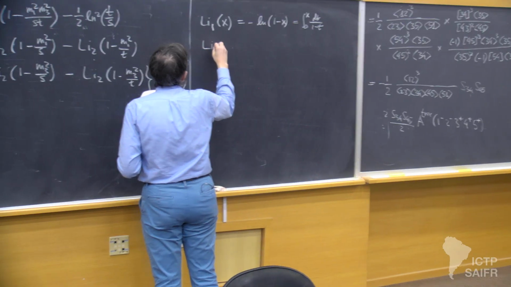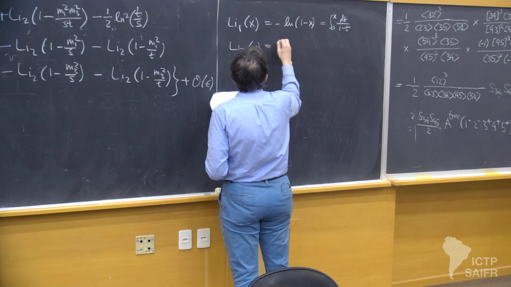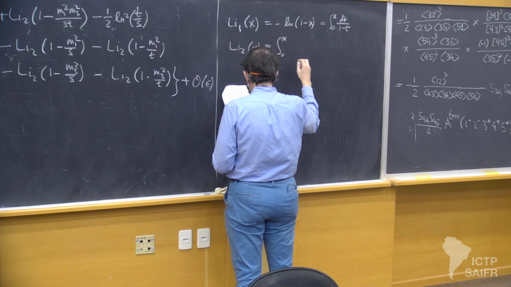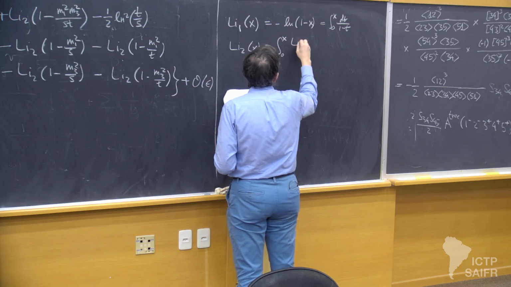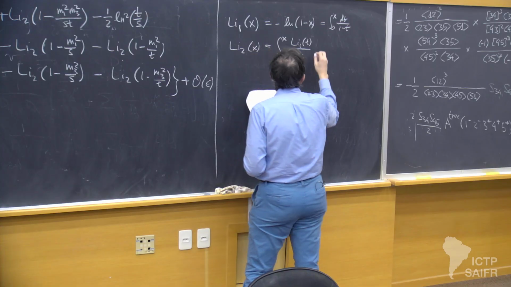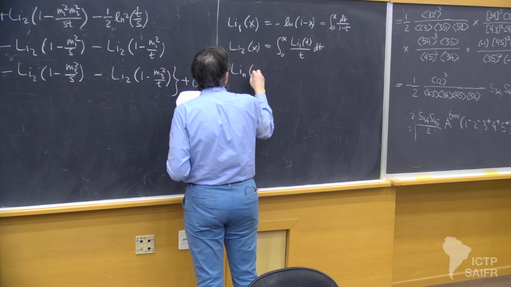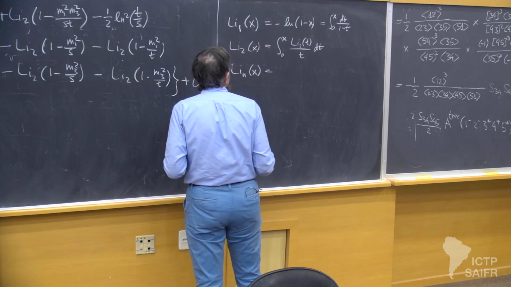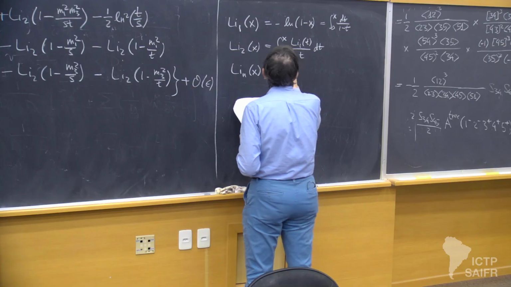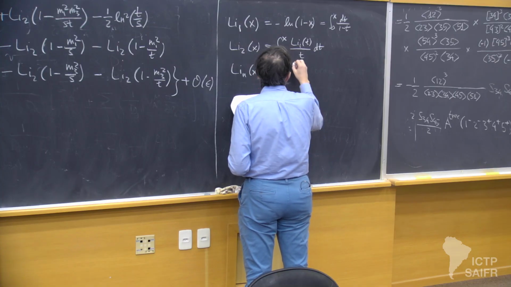And Li2 is called the dilog, or dilogarithm, that name coming from the fact that it involves integrating a logarithm. More generally, this is one of the classical polylogarithms, of which Li3 and Li4 were also studied to a much more limited extent in the 19th century.